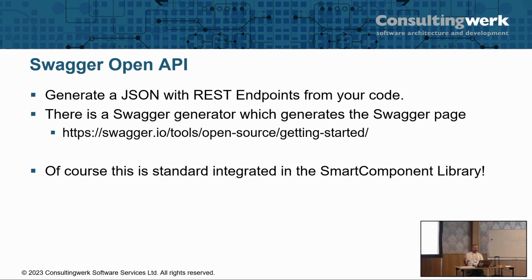So out of your REST endpoints, you can create a JSON file, and that JSON file is consumed by the Swagger API, and it gives you a nice Swagger page. Of course, this feature is integrated as standard in the Smart Component Library. When you don't use the Smart Component Library, you have to do some coding yourself to create that JSON.